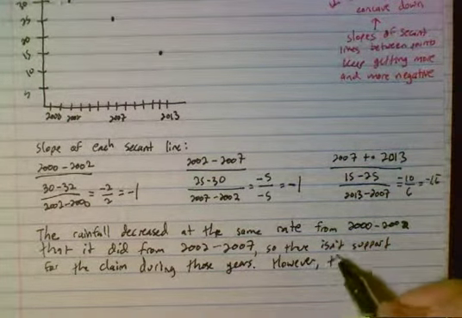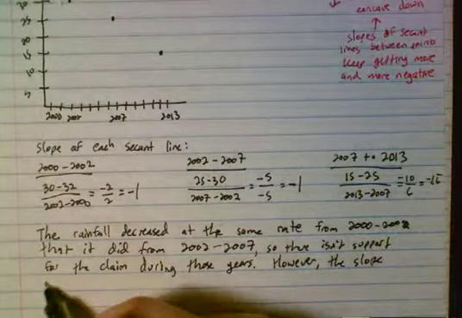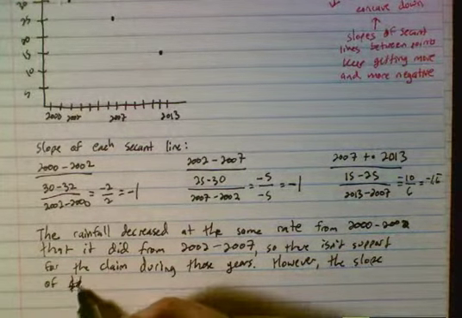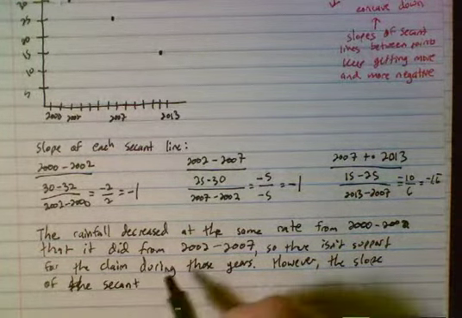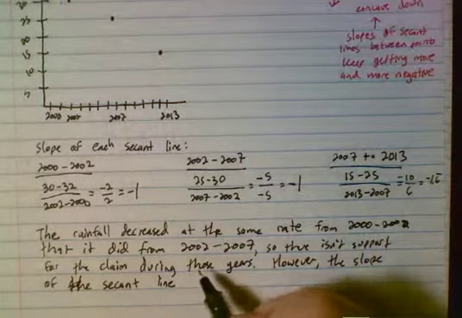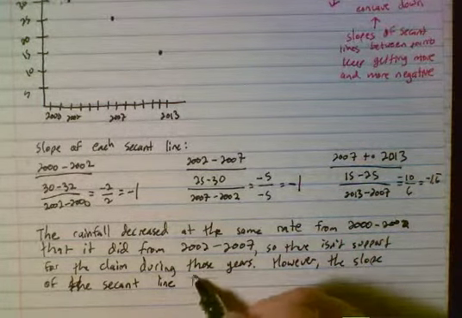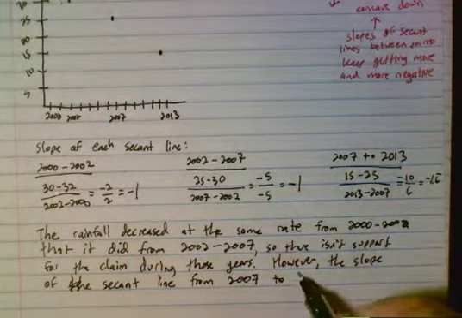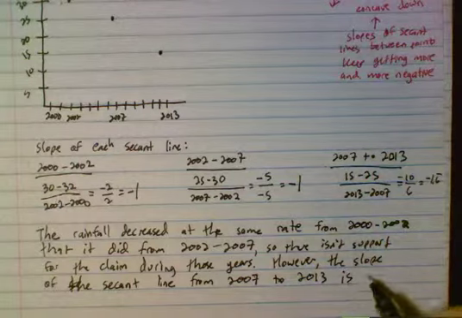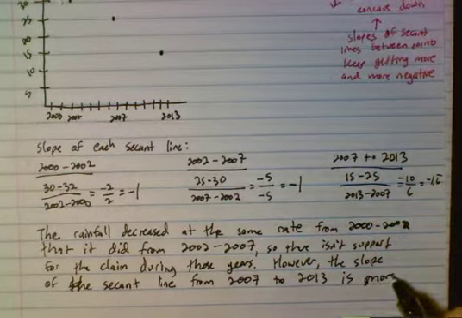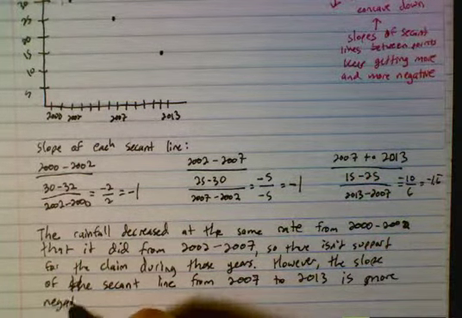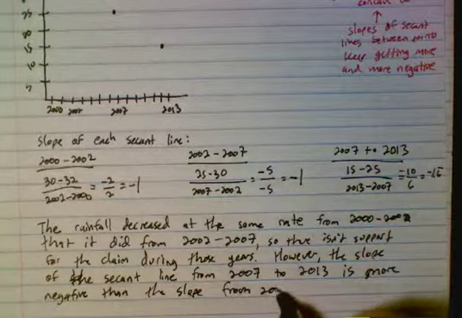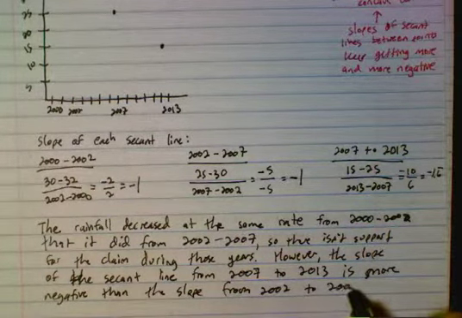However, the slope of the secant line from 2007 to 2013 is more negative than the slope from 2002 to 2007.